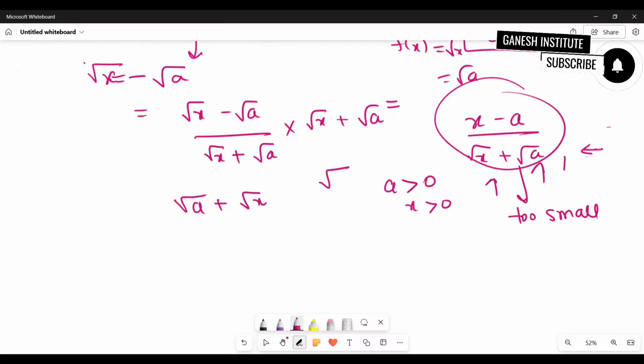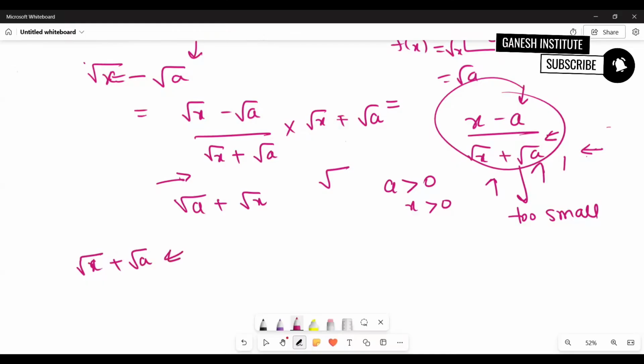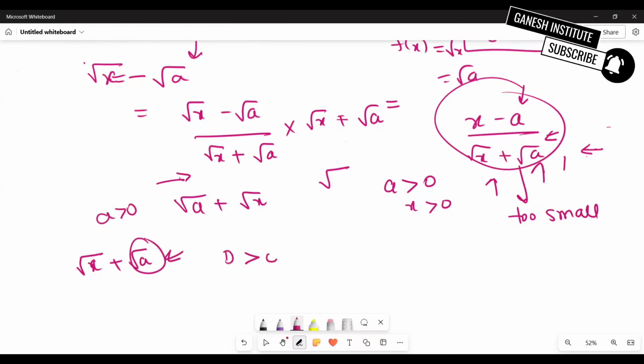And how am I doing it? Because of rationalizing, not rationalizing because we have not gotten rid of the root from the denominator, but we have taken the conjugate by multiplying and dividing. So I can see that this is x minus a. Because root a is greater than 0, the denominator is going to be greater than the numerator.